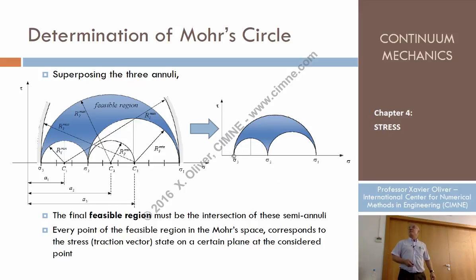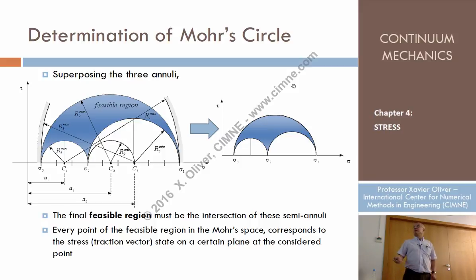What is the minimum value? Look, this sigma 3 can also be on the negative side, right? Or sigma 2 or sigma 1. So the circle can be placed in the positive or in the negative side according to sigma. So the question is, what is the minimum value of the normal stresses in all planes? Sigma 3.